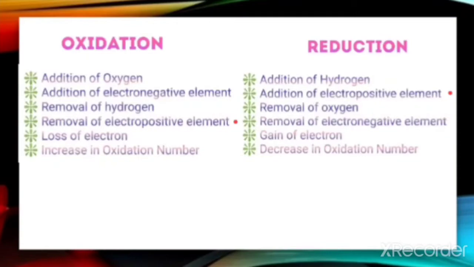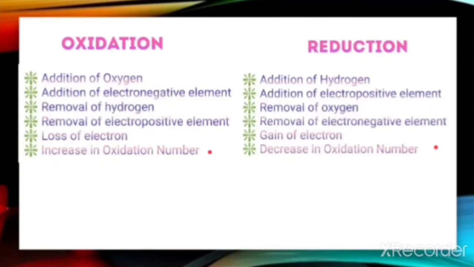And in terms of the exchange of electrons, we can define oxidation as loss of electron. That process is called oxidation, but where there is gain of electron, that is called reduction. And in terms of oxidation number, the reaction in which there is an increase in the oxidation number is called oxidation, and the reaction in which there is a decrease in the oxidation number is called reduction.